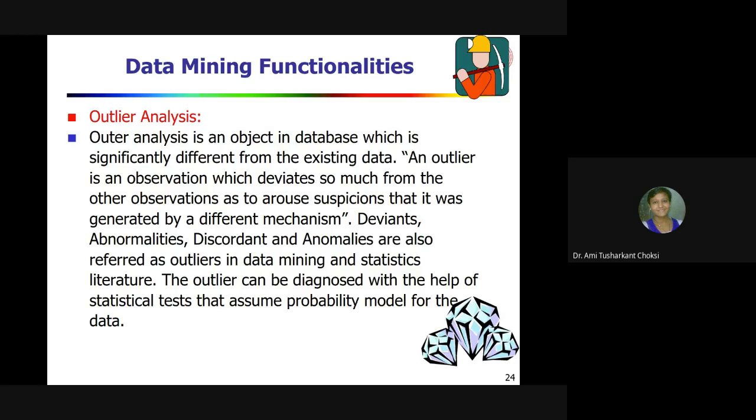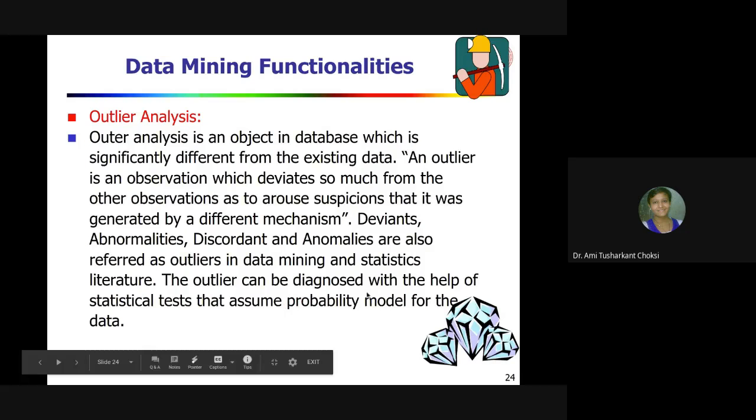Deviants, abnormalities, discordants, and anomalies are also referred to as outliers in data mining and statistics literature, right? So the outlier can be diagnosed with the help of statistical tests that assume a probability model for the data.